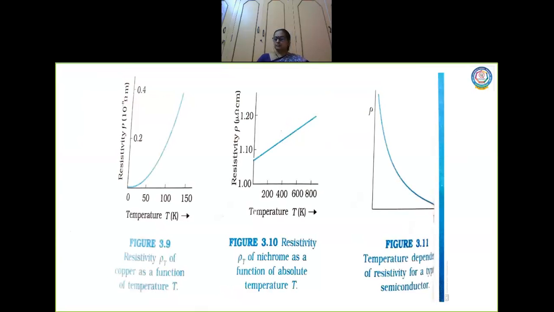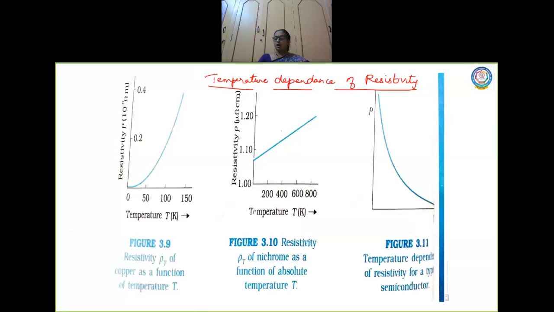Let me write the heading: temperature dependence of resistivity.